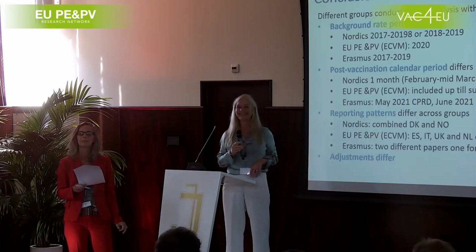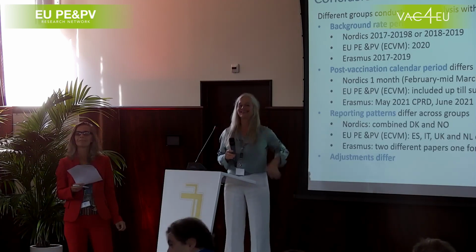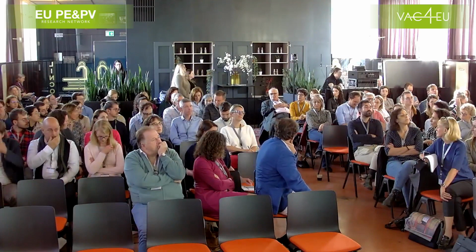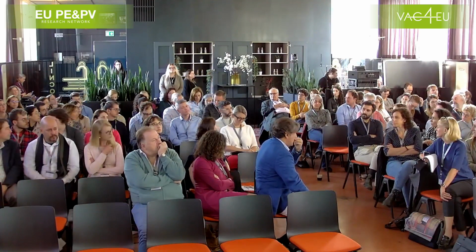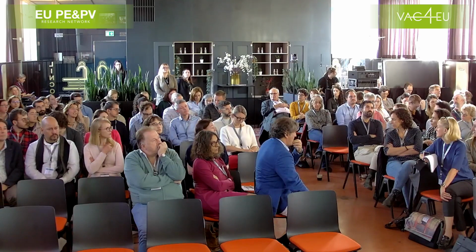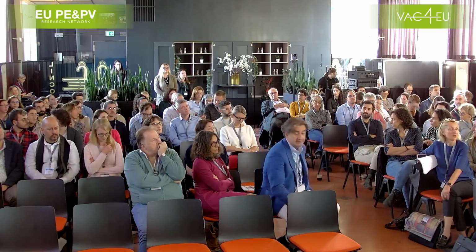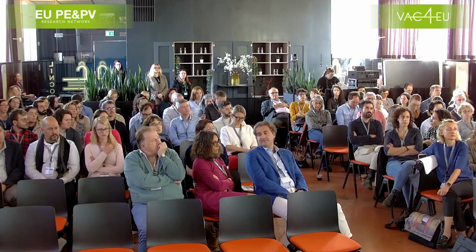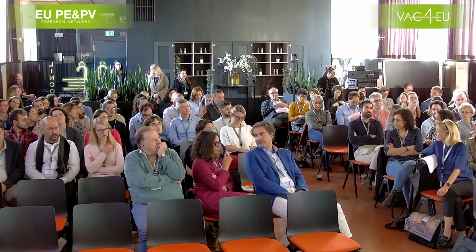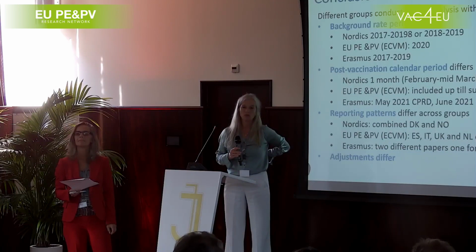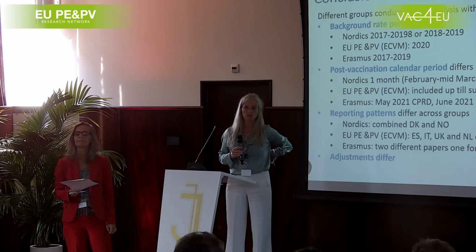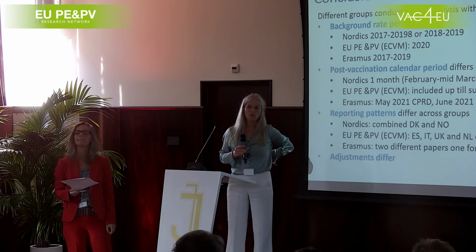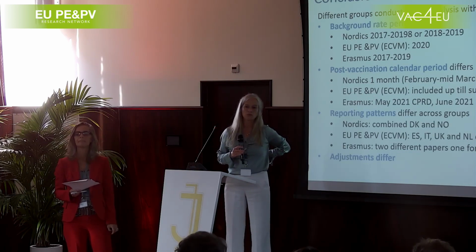Miriam, in the review of all the studies and methods that you made, have you identified any differences in results, not numerically, but overall, that could lead to different conclusions about the risks? It seems to me that there have been several observed to expected analyses, several studies, but all finally came to the same conclusion about the difference in the risk between vaccines, between age groups, and so on.